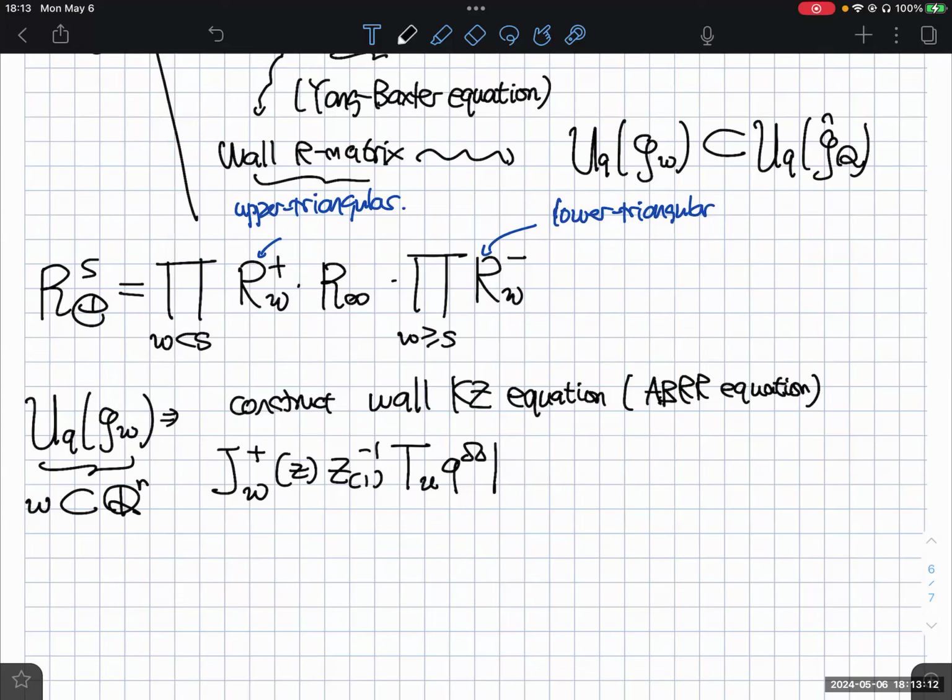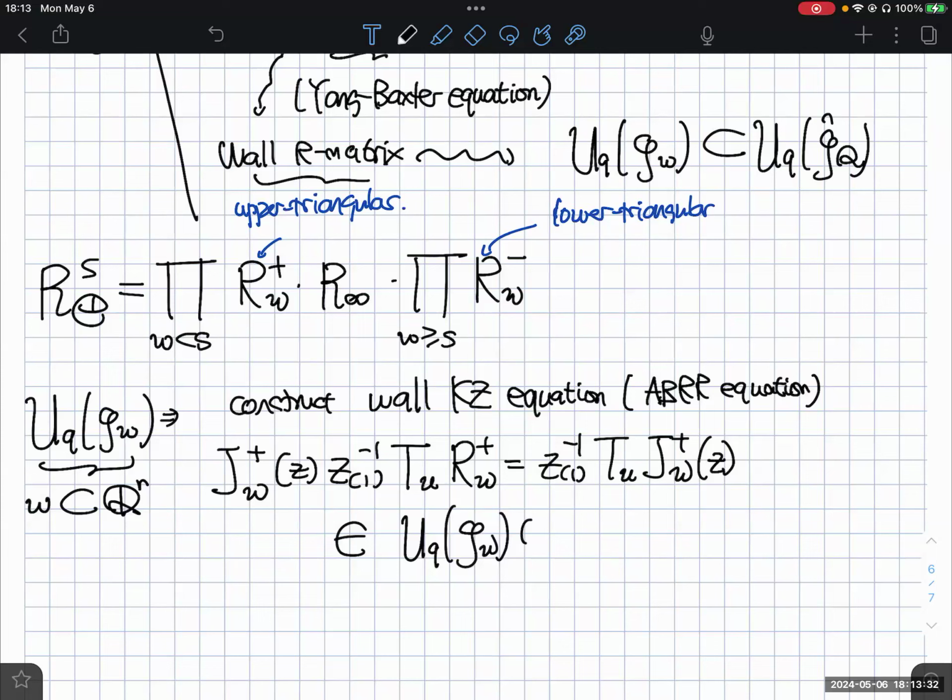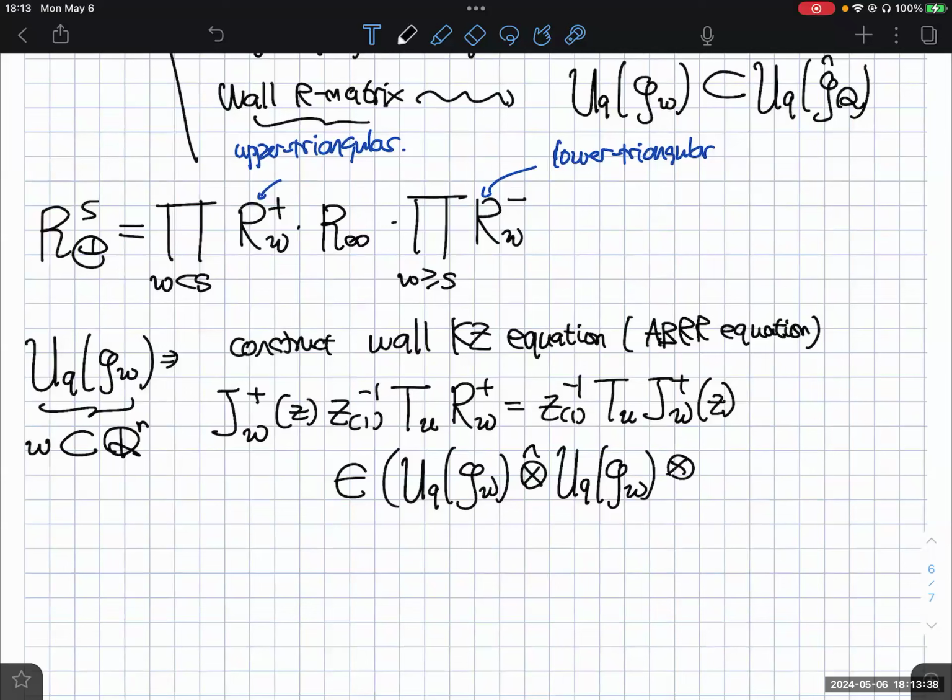Maybe I don't want to explain too much about the sign, so I shall omit this operator here. Of course, there should be something like a function over the z.